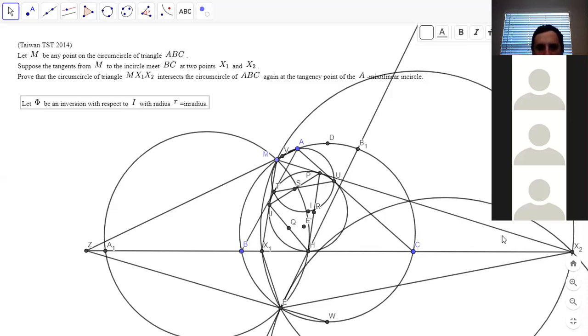So angle EHA1 is angle EMA1. And we want to ultimately show that that's equal to angle EB1A. So we want to show EMA1 is EB1A.